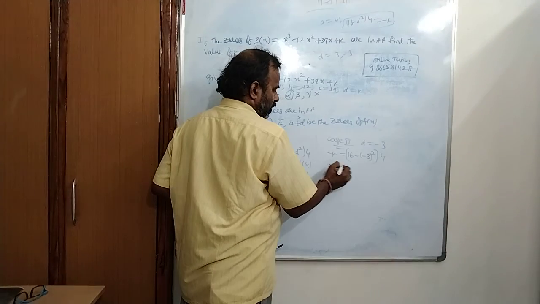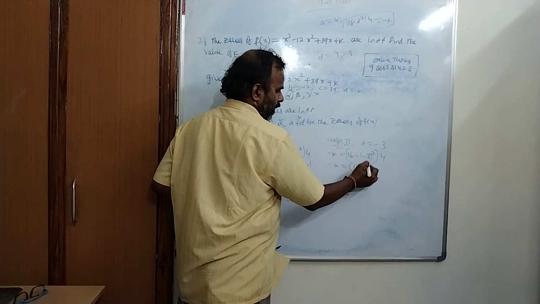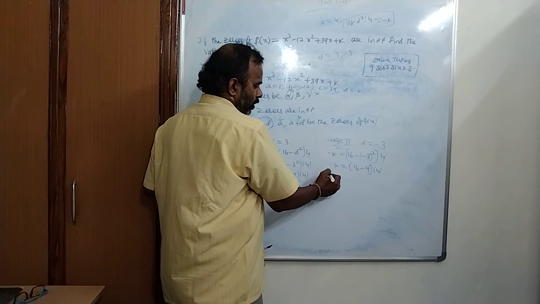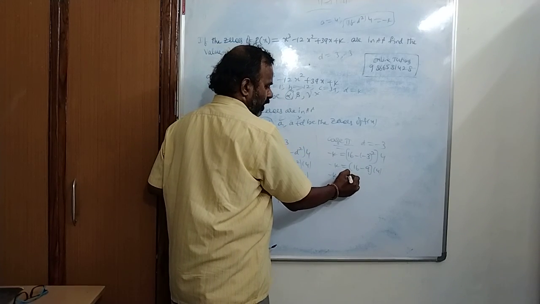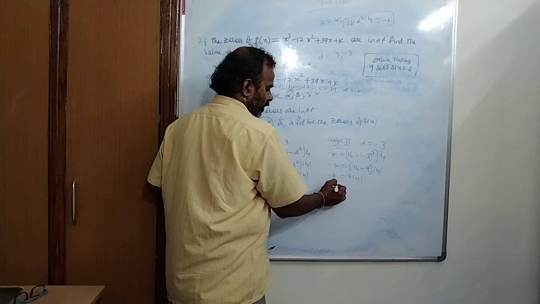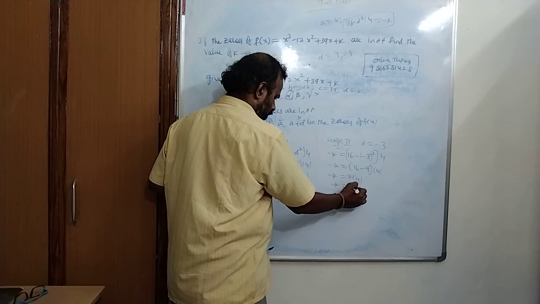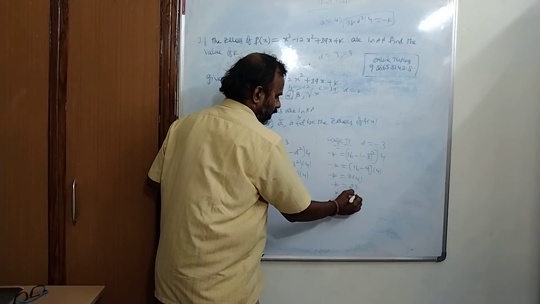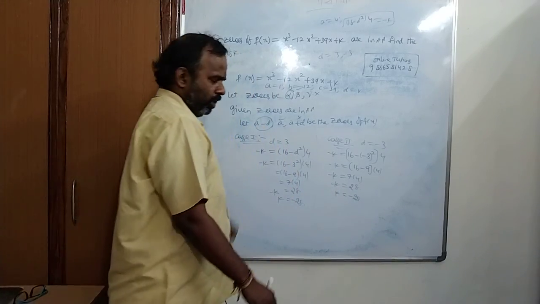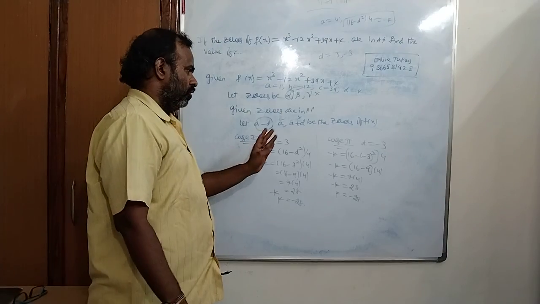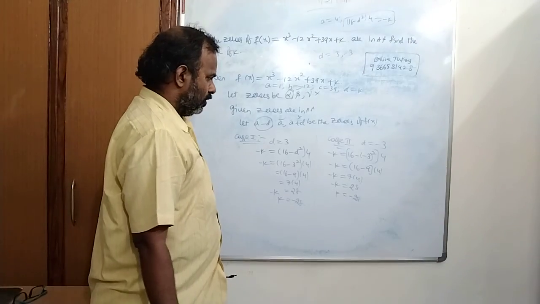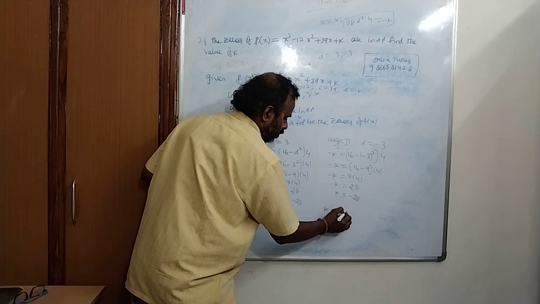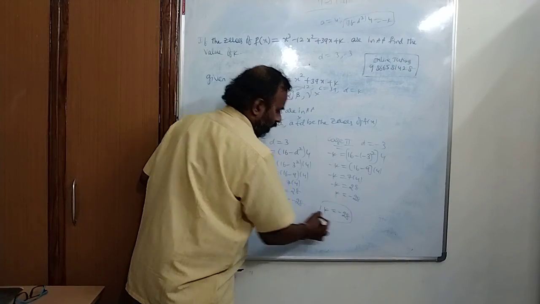So minus k is equal to 16 minus 3 whole square is 9 into 4. 16 minus 9 is 7. 7 into 4 is 28. So k is equals to minus 28. So whether it is d is equal to 3 or d is equals to minus 3, in both the cases k is equals to minus 28.